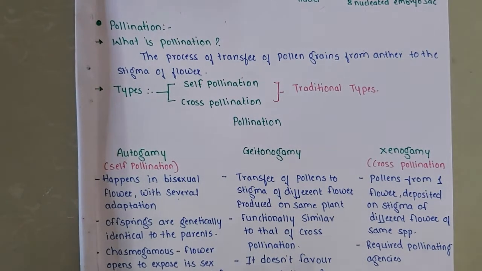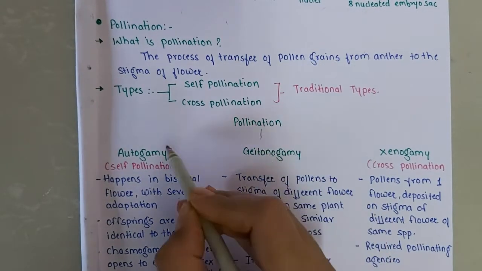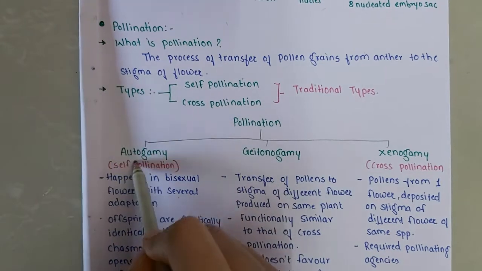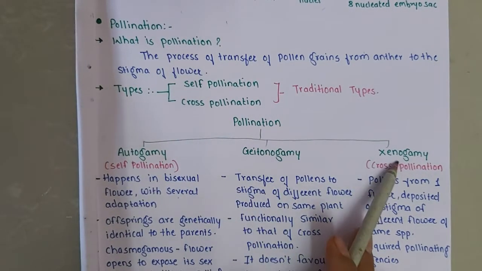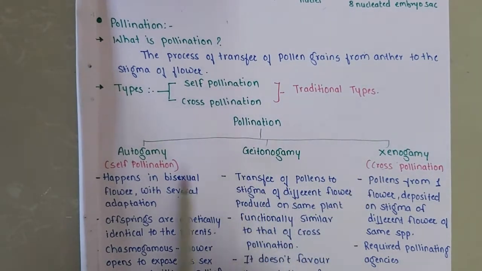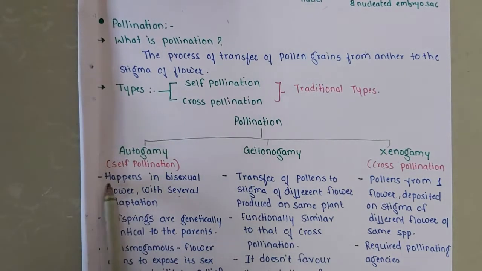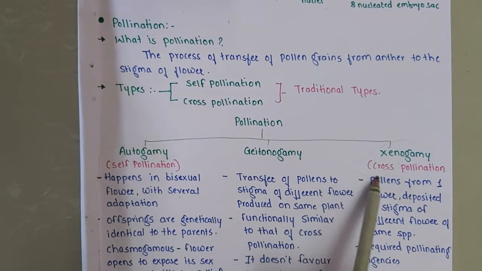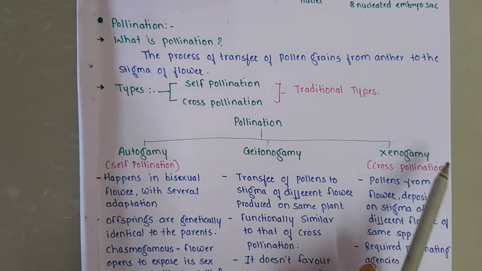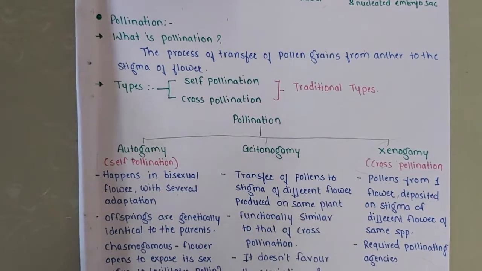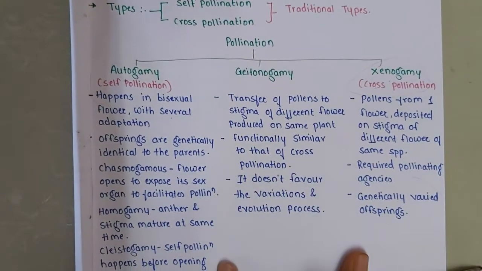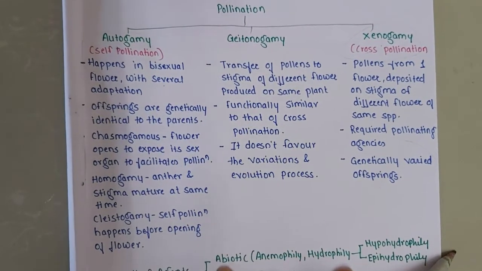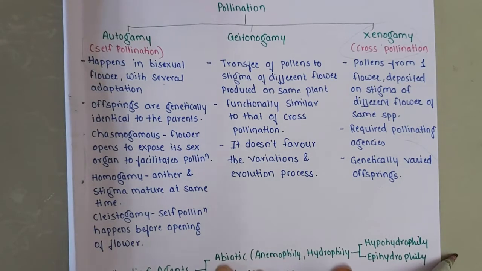Autogamy is also known as self pollination and xenogamy is also known as cross pollination, right? So I have made short notes, so you can remember it very quickly.